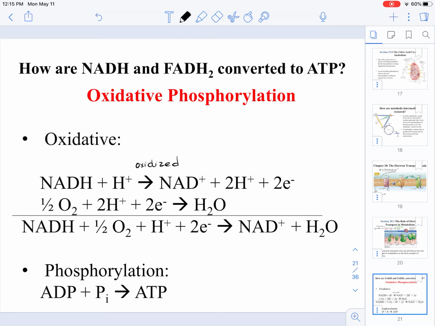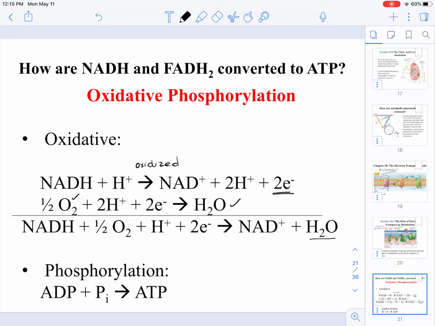As you can see, that results in the generation of electrons. Those electrons are ultimately going to be accepted by oxygen to make water. That's why in the overall reaction of the oxidation of NADH to NAD+, oxygen is the electron acceptor, meaning in this case it's going to get reduced to make water.